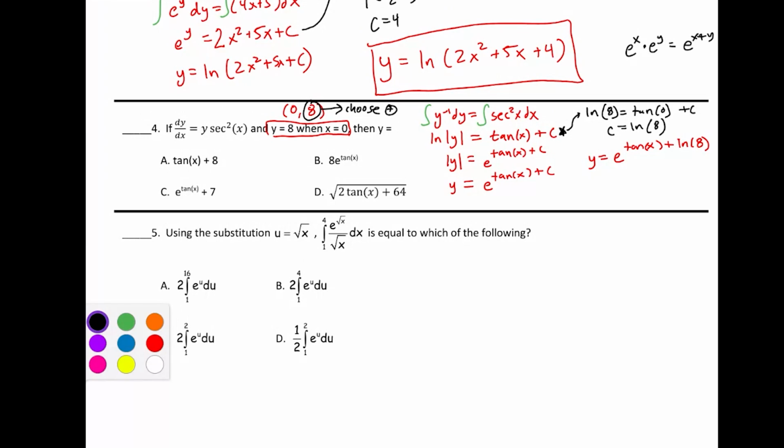But you can also take that property backwards, so that if you have a sum in the exponent, you can break it up as e to the tangent x times e to the natural log of 8. So in other words, you could write this as e to the tangent x times e to the natural log of 8, and e to the natural log of 8 is just 8. So we have 8 times e to the tangent x, and we can see our answer then is B.